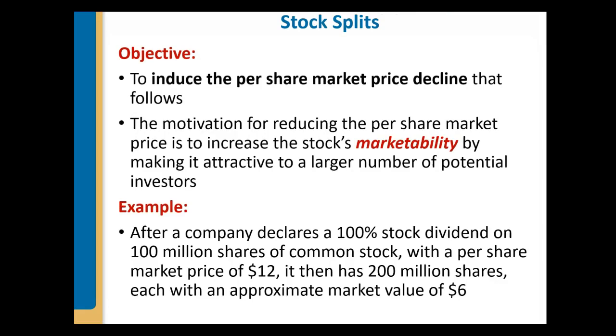A frequent reason for issuing a stock dividend is actually to induce the per-share market price decline that follows. So, for instance, after a company declares a 100% stock dividend on 100 million shares of common stock with a per-share market price of $12, it then has 200 million shares, each with an approximate market value of $6.